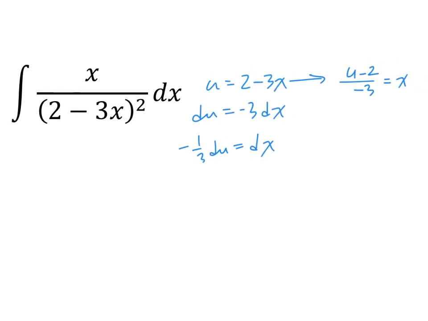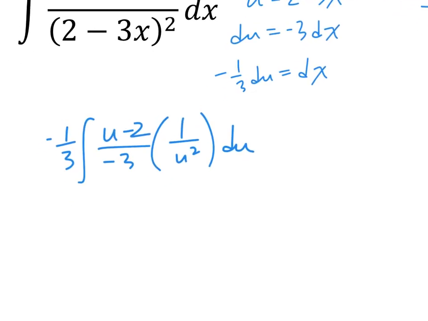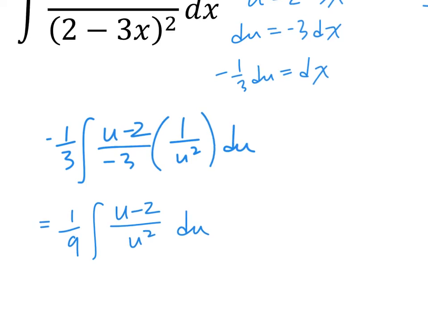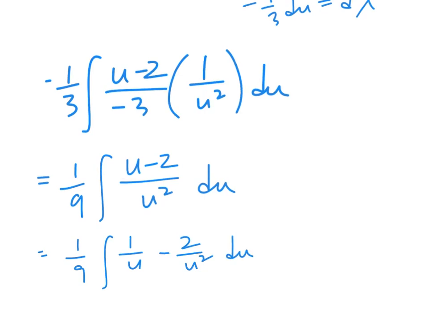Okay, all right. Negative 1/3 goes in the front. I have a u minus 2 over negative 3 times 1 over u squared du. That's too complicated. I'm going to take that negative 3 in the denominator outside as well. So that's 1/9, u minus 2 over u squared du. Now that's clean. So I want to integrate when it's cleaner. This is going to be 1/9 integral of 1 over u minus 2 over u squared du.